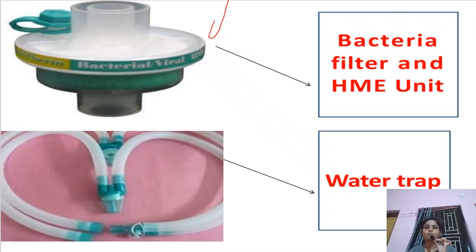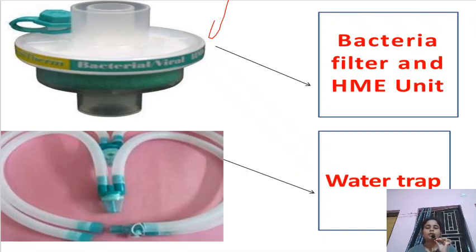When the patient expires, whatever moisture is present in the expired air gets trapped. When the next breath comes, it adds some moisture to it and gives it to the patient. It also helps to filter bacteria or any dust, which can also be trapped in it. And this HME filter needs to be changed every 24 hours.